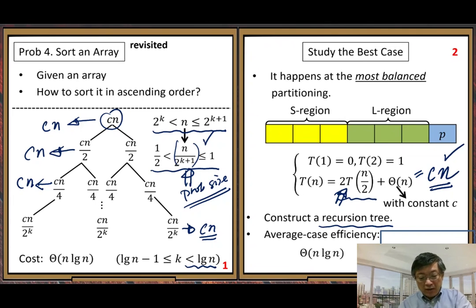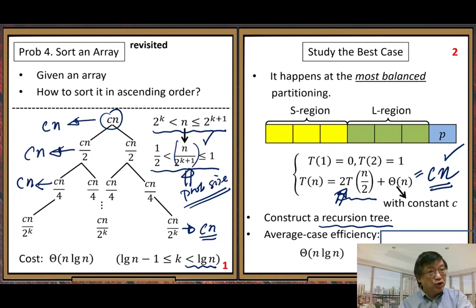But we can use some way to get this big theta of n log n. Close to the best case, but slightly worse than the best case.